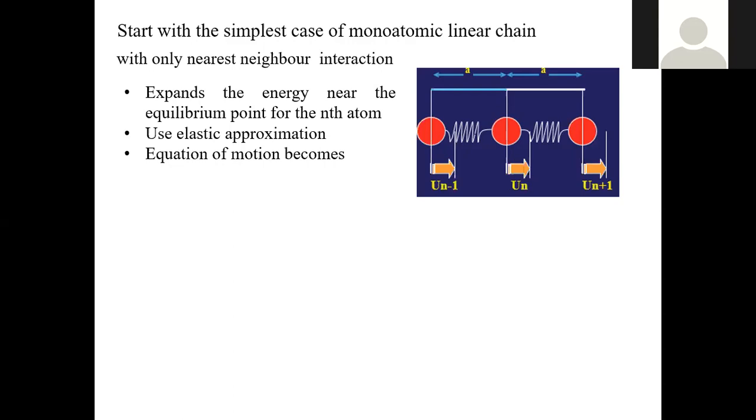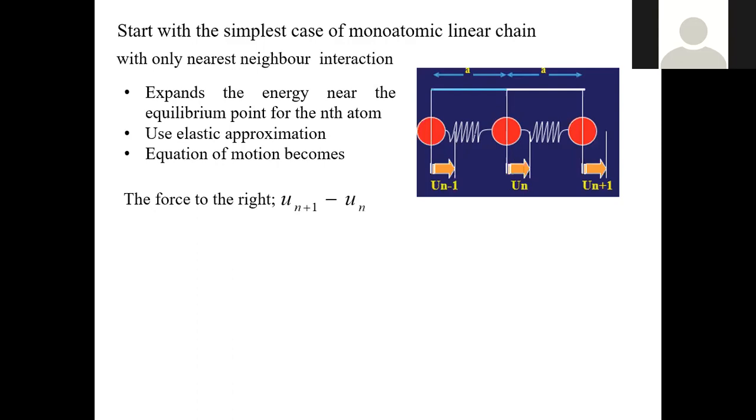Expanding the energy near the equilibrium point for the nth atom, using the elastic approximation, the equation of motion becomes: the force to the right is un plus 1 minus un, where the displacement of the n plus 1th atom is un plus 1, and the displacement of the nth atom is un.